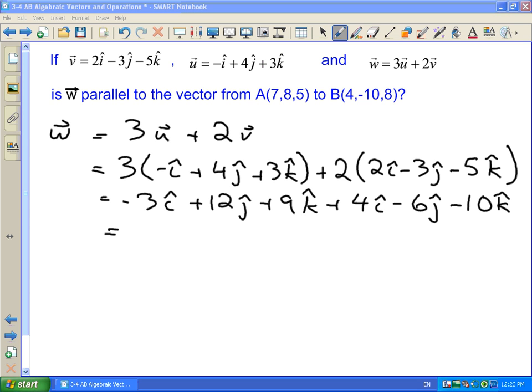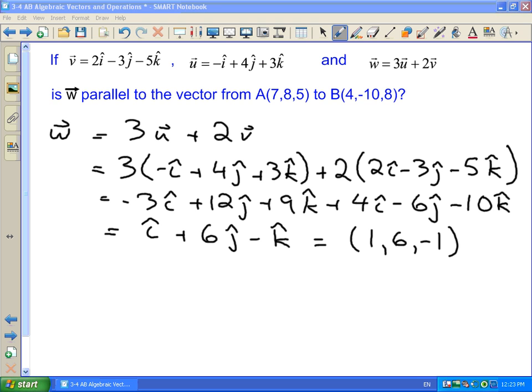So for i hat, negative 3 plus 4 gives me 1 i hat. For j hat, we're going to have 12 minus 6, which is going to be 6j hat. And then 9 minus 10 gives us minus k hat. Or we could put this in our Cartesian ordered pair notation. This is going to be the vector 1, 6, negative 1. So that's what w is.